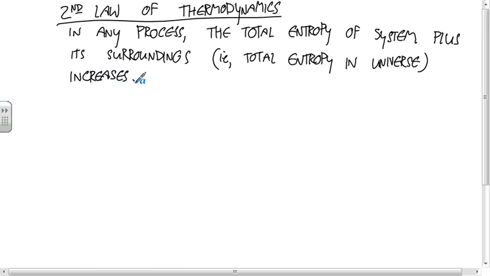So the universe has a lot of energy in it. And every single thing that happens is slowly making all that energy less useful.